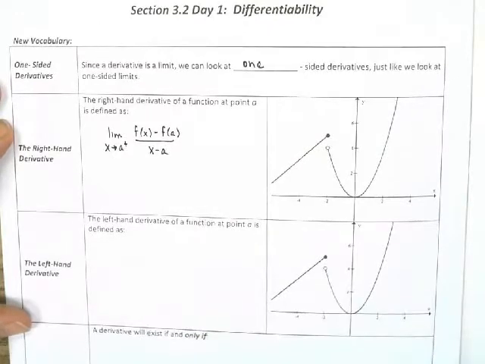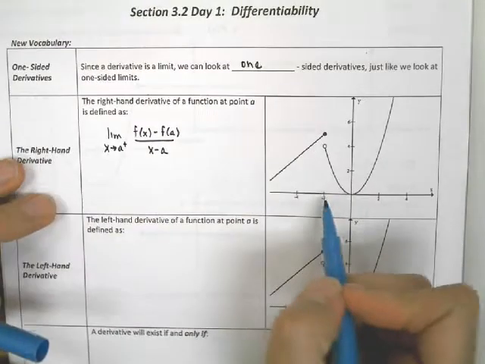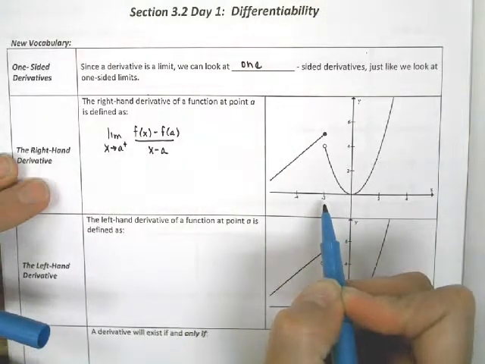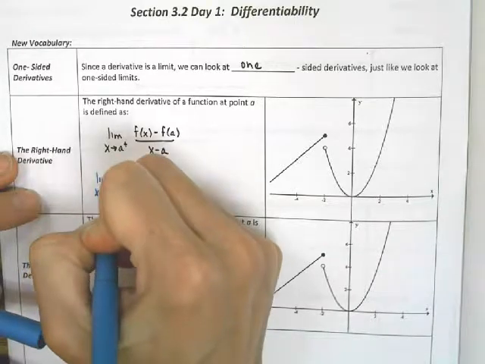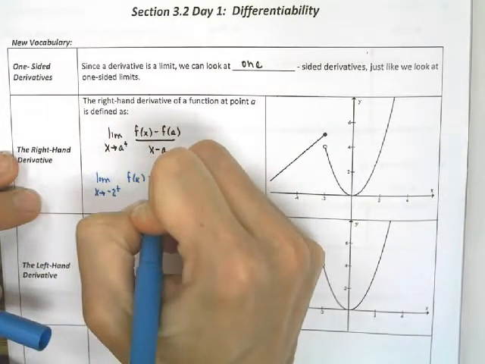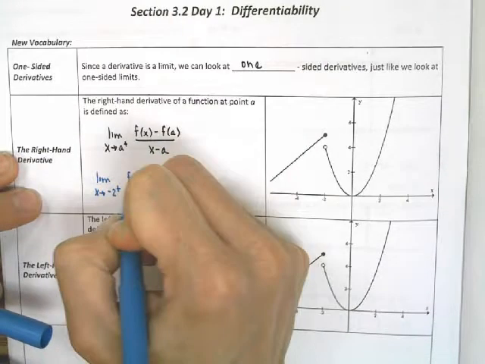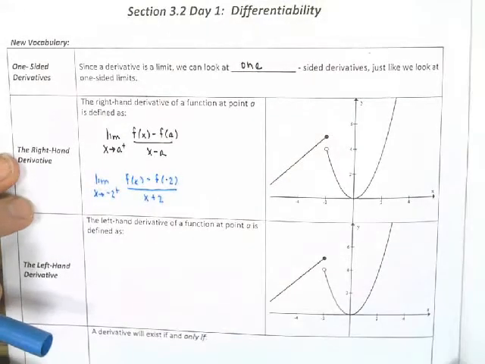Now remember, that derivative is really just the slope of the tangent. So if I look at a specific value, x equals negative 2, I'm looking at the limit as x approaches negative 2 from the right of f of x minus f of negative 2 over x minus negative 2, or x plus 2.